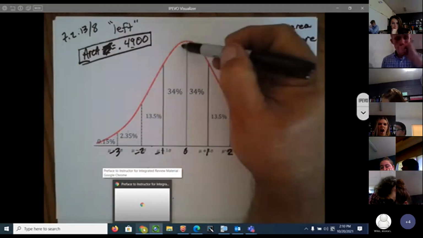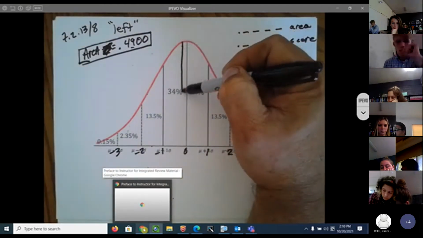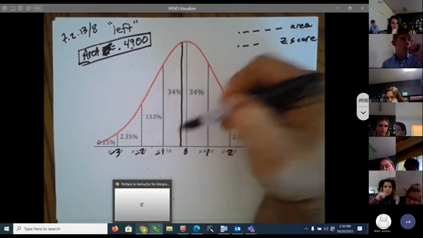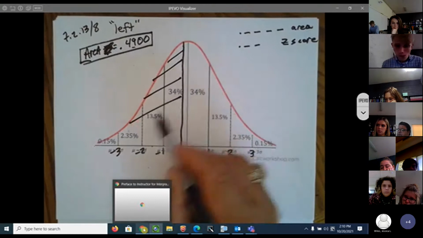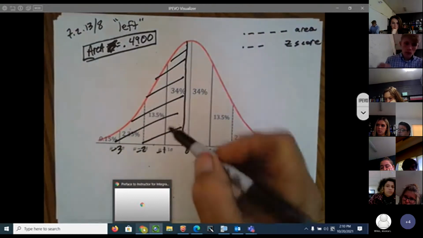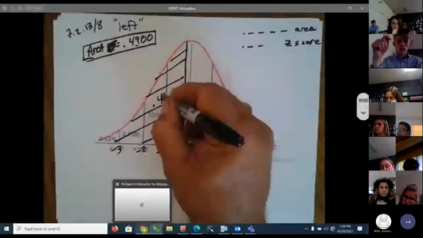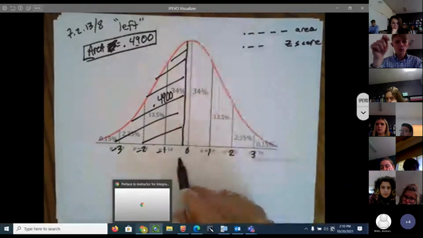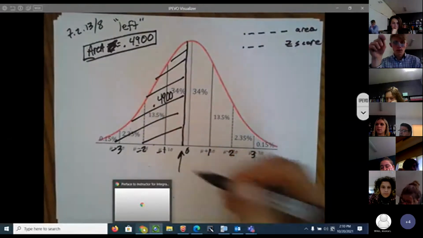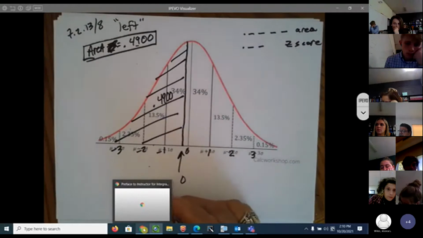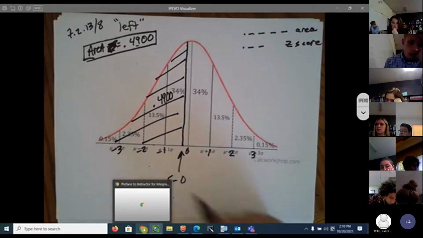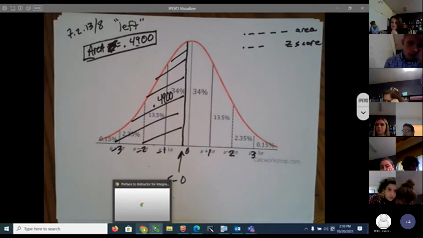0.49 would be somewhere right in here. And the area to the left. So our z-score is going to be somewhere between 0 and -0.5, somewhere in there by the empirical rule. So let's go ahead and do our inverse norm.